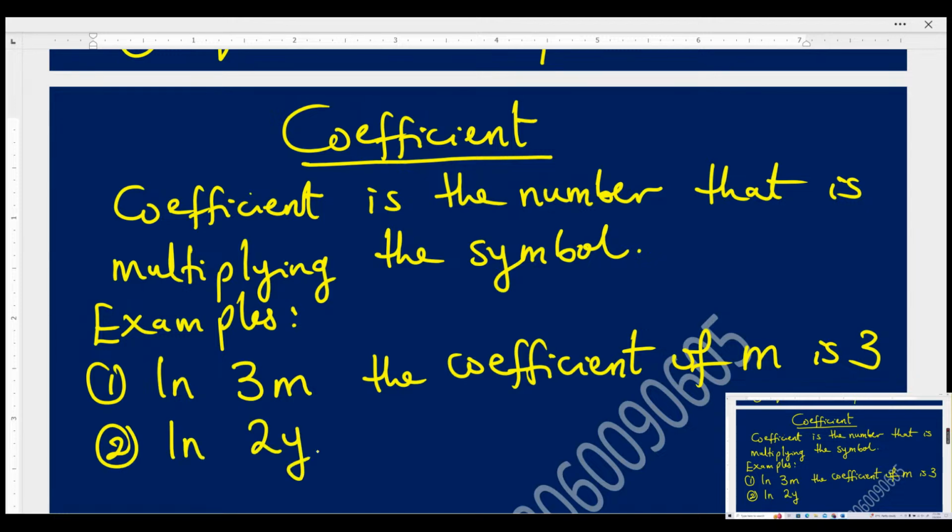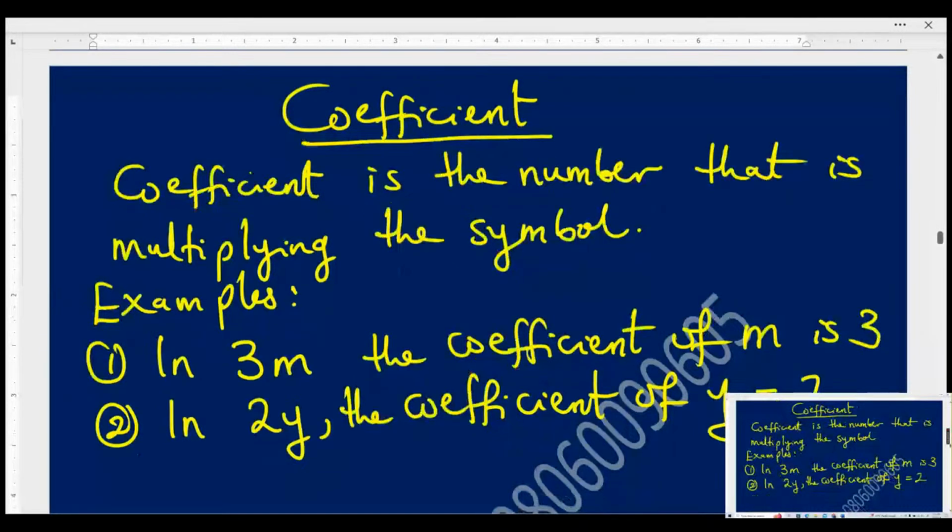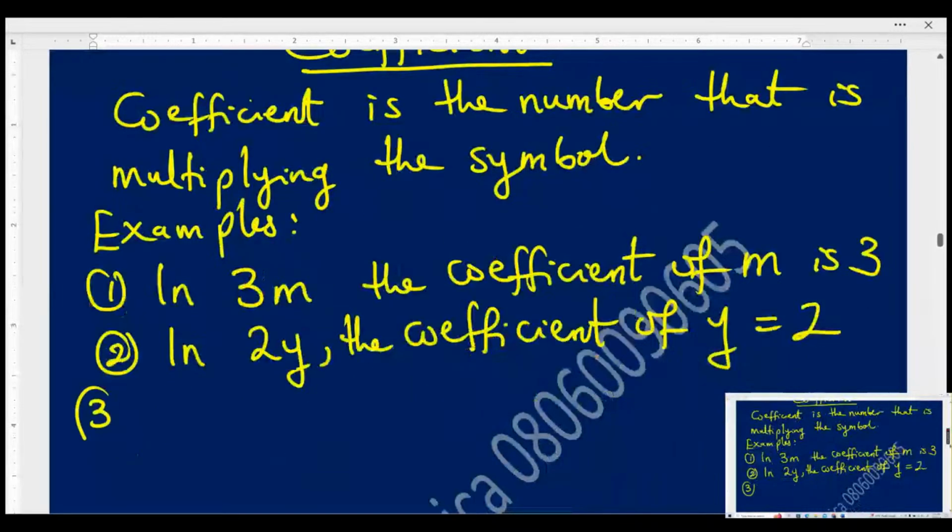In 2y, the coefficient of y is equal to 2. Now the next one.